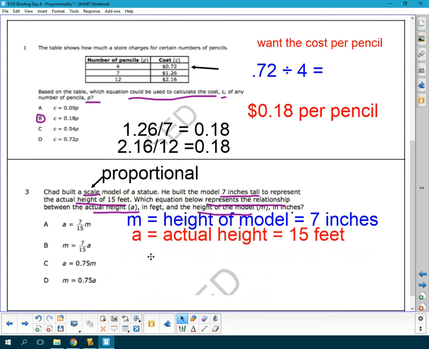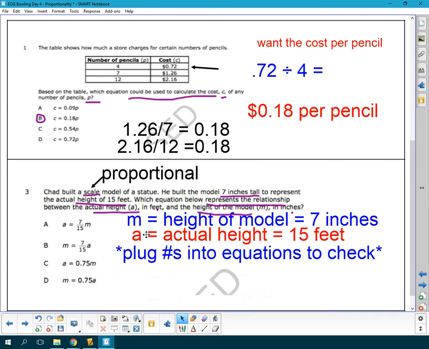I'm going to look at answer choices A, B, C, and D. I'm going to plug numbers into those equations to check. So if the model was 7 inches tall, that's what M is, and A should be worth 15 feet. So for answer choice A, that's saying A equals 7/15 M. So I plugged in 15 for A right here, and I plugged in 7 for M right here.